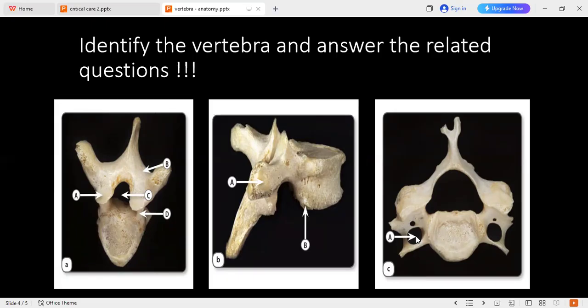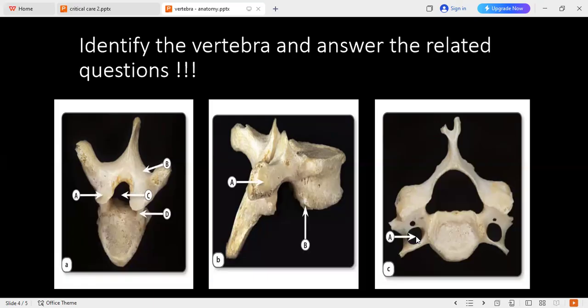Also, the body in the thoracic is kidney shaped and heart shaped, but in the lumbar the body is kidney shaped. Also, the lumbar vertebrae have a long, broad transverse process. Thoracic vertebrae have articulation for the ribs.